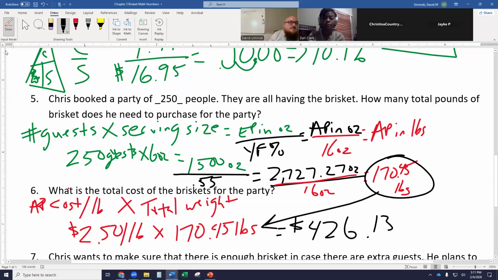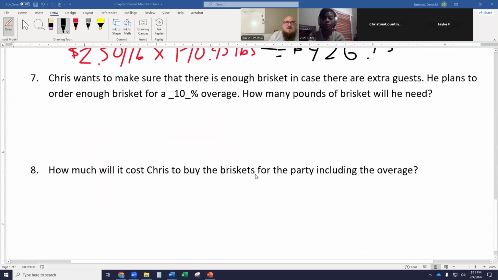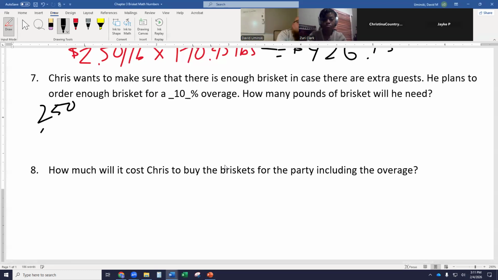All right. So he wants to make sure there's enough brisket in case there are extra guests. He plans to order enough brisket for a 10% overage. Okay. So how many pounds of brisket will he need? Well, 250 times 0.10 is 25 extra guests. So now we just repeat.